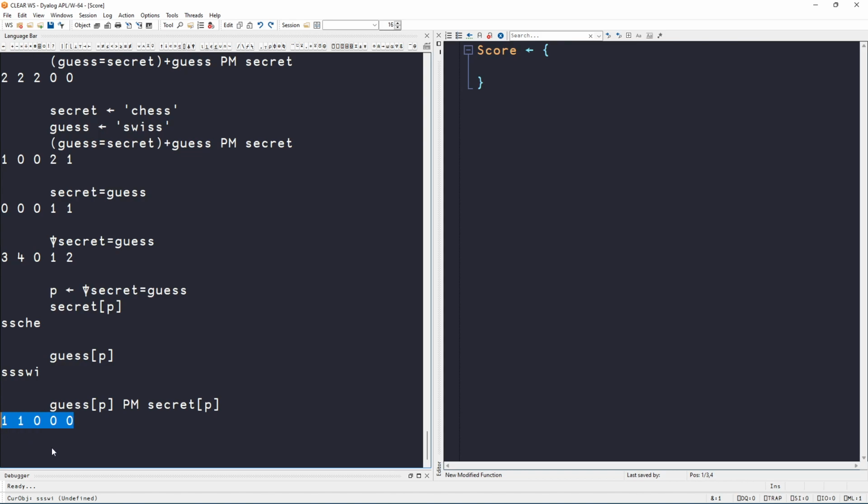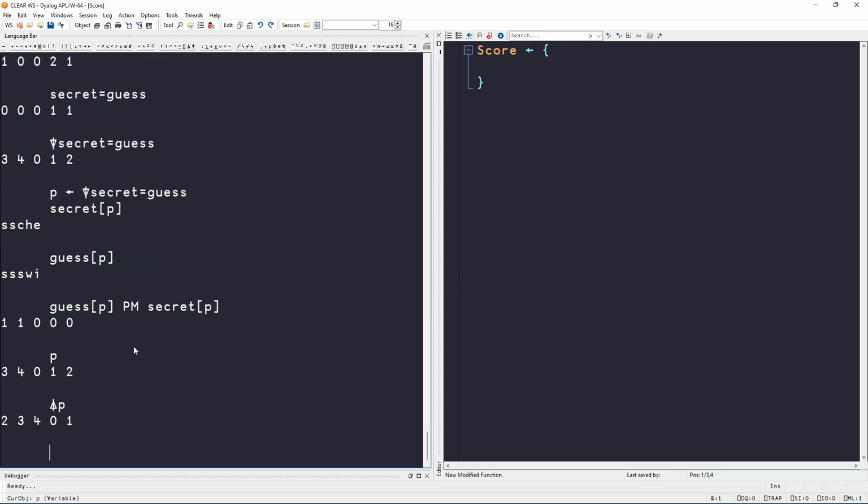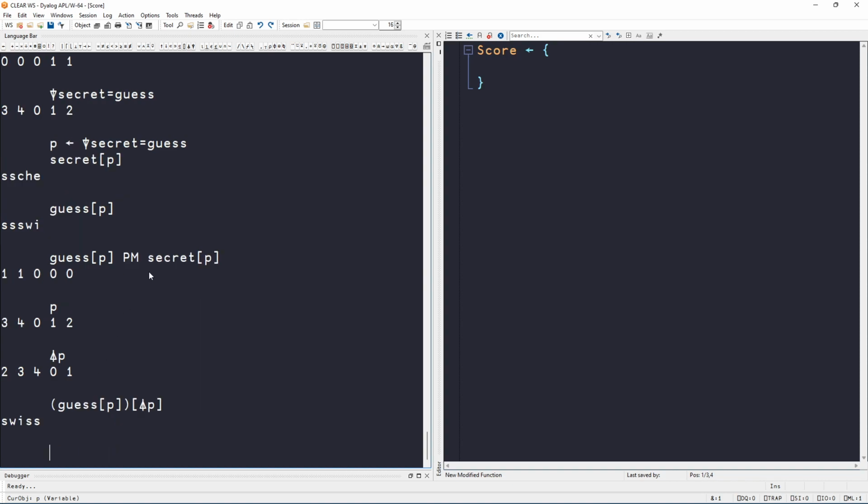So this is better, except that now the score is out of order. So now we need to fix this. And in APL, when we have a permutation like P, the inverse permutation is the grade up of P. And maybe from the numbers it's not obvious, but it will become clearer when we try it out. So we have the guess that has been reshuffled. Now if we index it with the grade up of P, we see that Swiss goes back to normal.